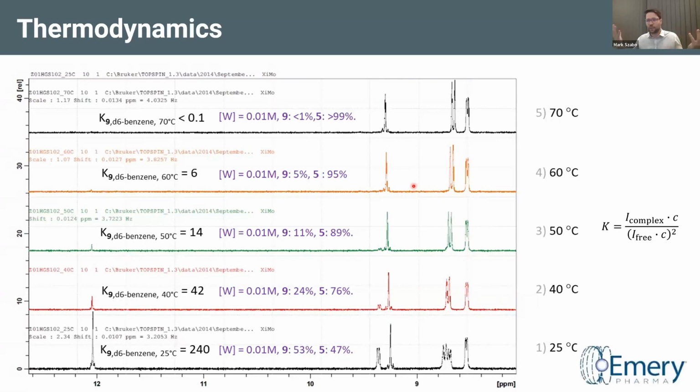And actually, this is what we expect when we heat up a complex, that it's going to favor dissociation. But actually, by integrating the complexed 18 electron signal and the 14 electron signal, I can calculate, based on this very simple equation, the equilibrium constants at each temperature.